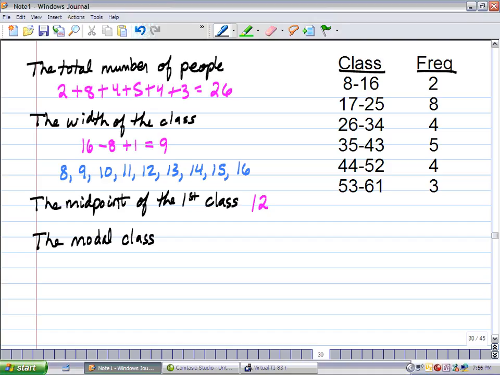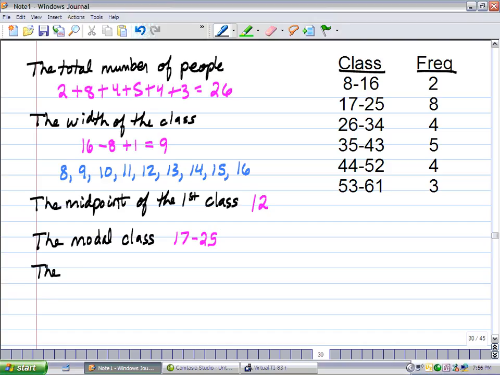So in this case, that's going to be, which one? 17 to 25. Sometimes there can be more than one of those. There could have been another group that also had 8.